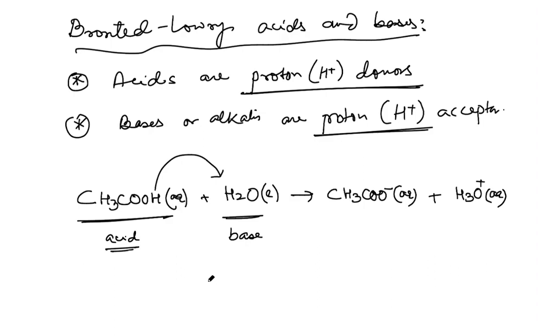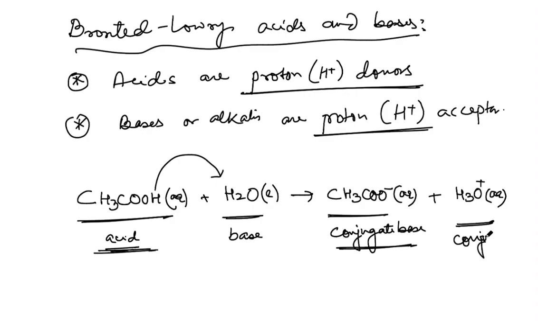The ion which is produced when an acid donates H ion is known as its conjugate base. So this CH3COO minus is the conjugate base of CH3COOH ethanoic acid, and H3O plus is the conjugate acid of water.